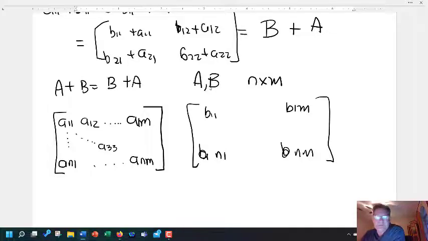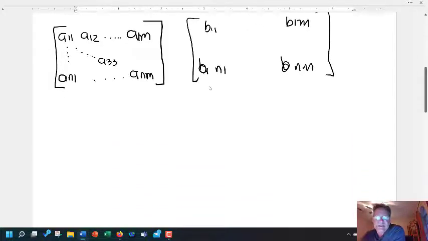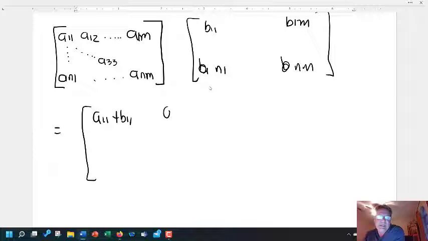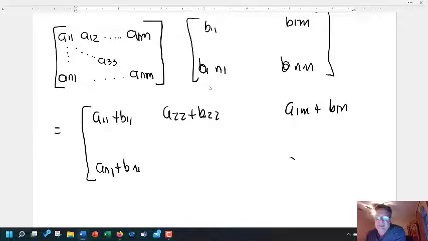So when we add those two matrices of almost any size, as long as the size is finite, then the corresponding result will be A11 plus B11, A22 plus B22, and then finally A1m plus B1m. That goes throughout, An1 plus Bn1, and finally the last corner, Anm plus Bnm.